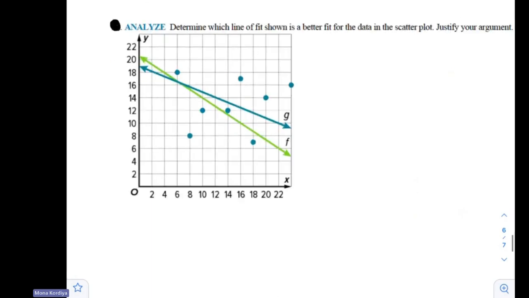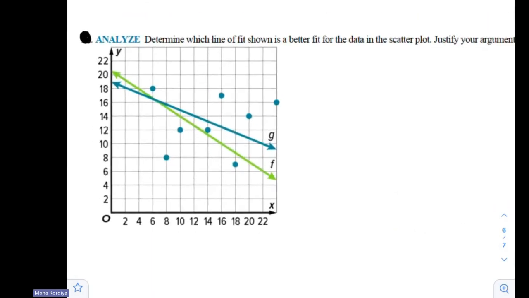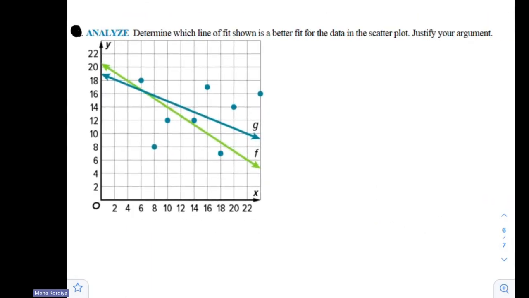Last question here, or last part. Determine which line of fit is a better fit for the data in the scatter plot. Justify your argument. Now, we have line F and line G. They tried to fit a line by passing by most of the points they can. But unfortunately, none of them is correct. Why? Let's think about it.